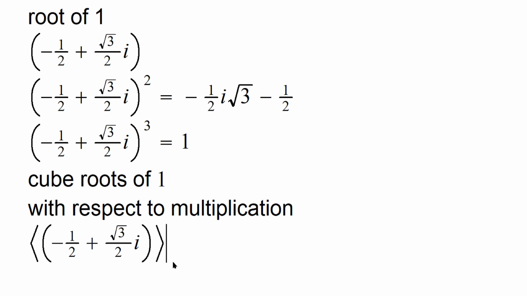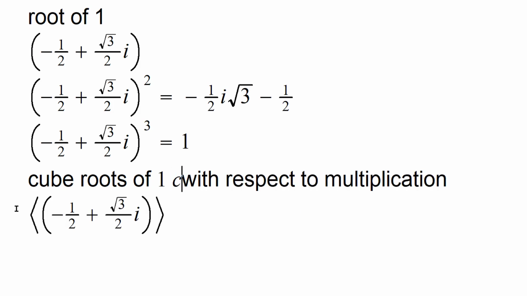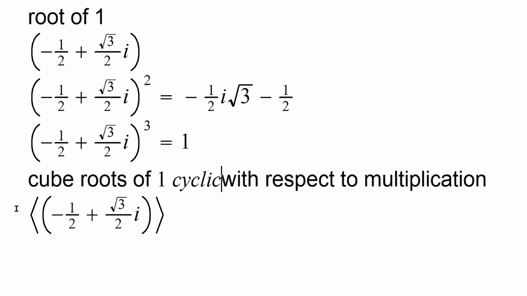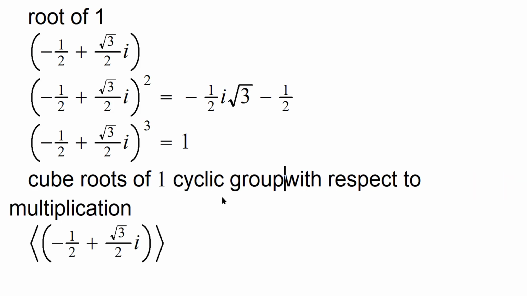The others will be complex, non-real numbers. So these are the cube roots of 1, and they form a cyclic group with respect to multiplication, right? And I just wrote the generator here.